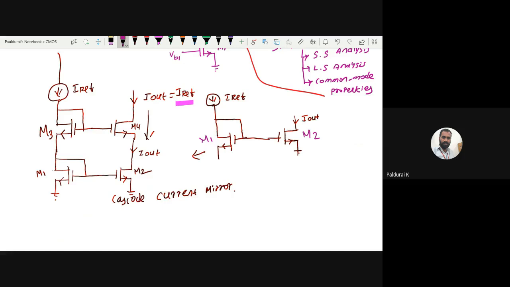First, cost: the cost increases. Second, when you cascode, stacking more transistors one above another, the current may obviously be the same, but what happens to the voltage drop? The voltage drop across M3 and M4 increases, so it consumes more power. These are the drawbacks of cascoding, of stacking. Stacking means one above another. So got the idea? Why should I go to the cascode current mirror first of all?